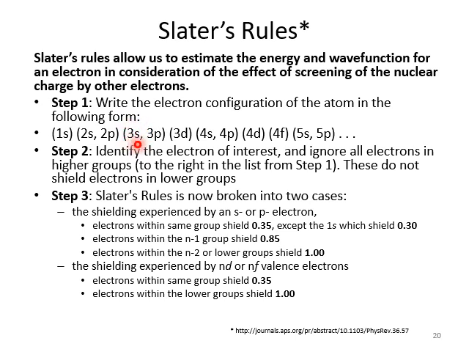We identify that electron that we're interested in, and then we ignore to first order the effect of all of the electrons outside of its shell. So if we were interested in 3s, we ignore the effect of all the electrons out here. They don't shield the electrons in the lower groups. And then Slater's rules allow us to figure out what the effective nuclear charge is for that electron.